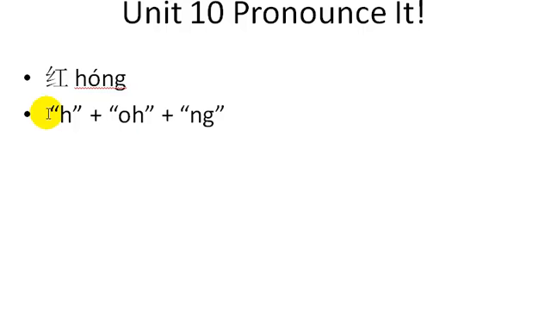All right, next we have hong, which is the color for red, second tone. So it's H, and then O, and then NG. Hong, hong. Second tone rising, hong.